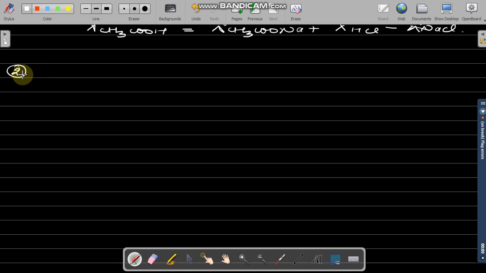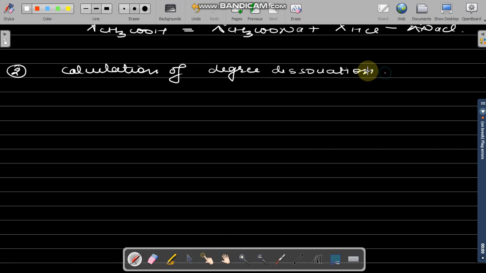Second application is the calculation of degree of dissociation. What happens to the degree of dissociation when you increase the dilution? It is going to increase the dissociation. Why?